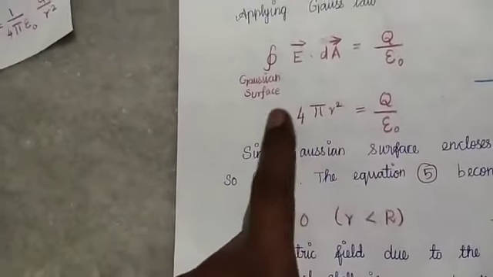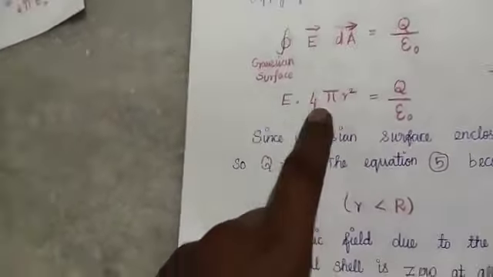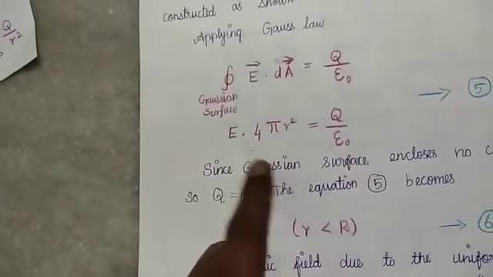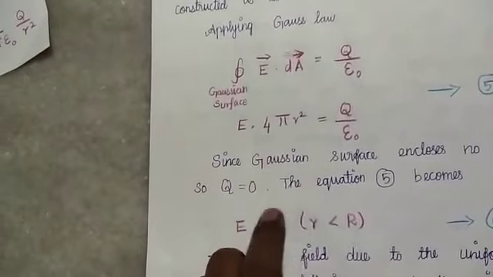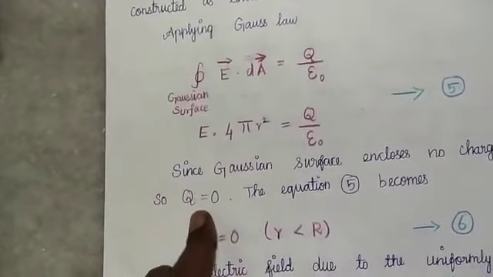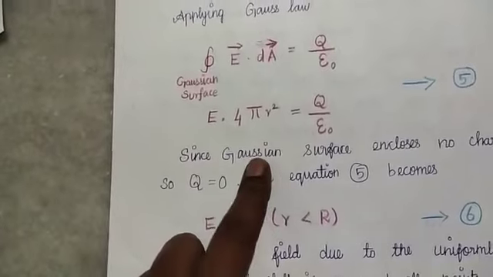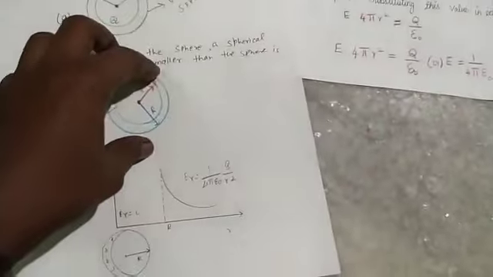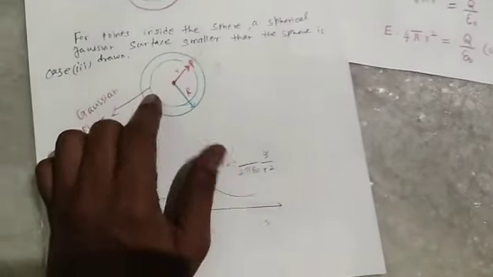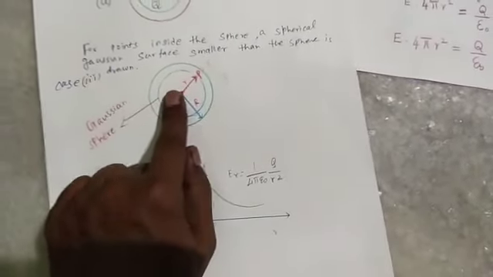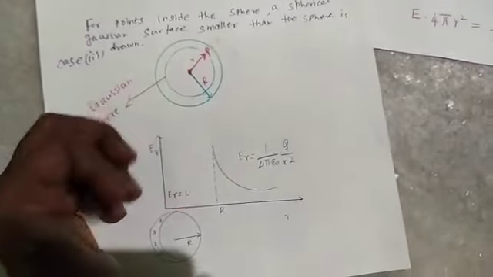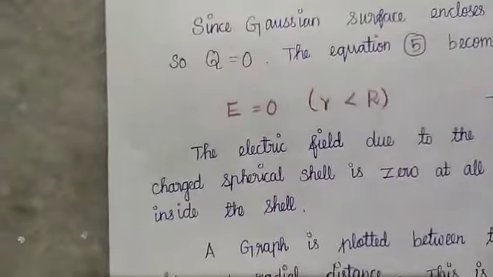Since the Gaussian sphere is present inside the cell and there is no charge inside the Gaussian sphere, the electric field will be 0 because there is no charge inside the Gaussian surface. So when we consider a Gaussian sphere inside the spherical cell, there is no charge inside it, so the electric field inside the sphere is 0.